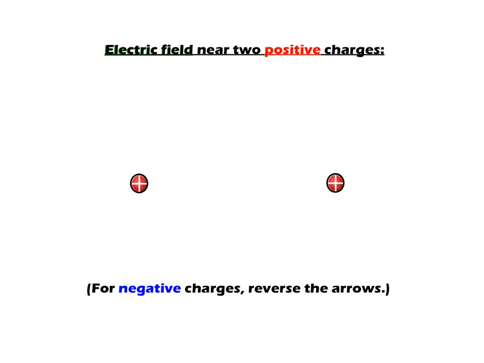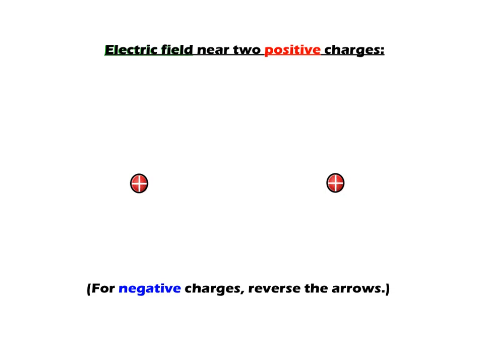Because to get the combined picture for both of them, I'm going to remember that 2 positive charges would repel one another. And so what's going to happen is that the electric field lines are actually going to repel each other too, almost as an analog to the repulsiveness of the 2 positive charges from each other.